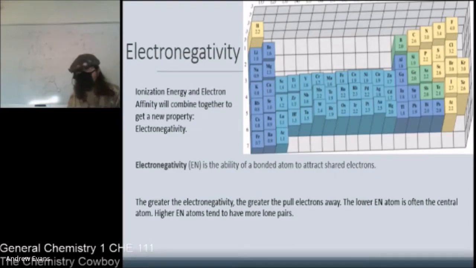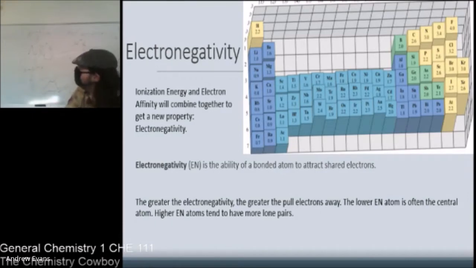So essentially, the nuclei of both atoms have different strengths. When they're sharing the electrons, one atom is pulling the electrons more to its side of the bond. And so we see a larger negative charge on one side. So the greater the difference between these two numbers you see on this chart, the greater the electronegativity.